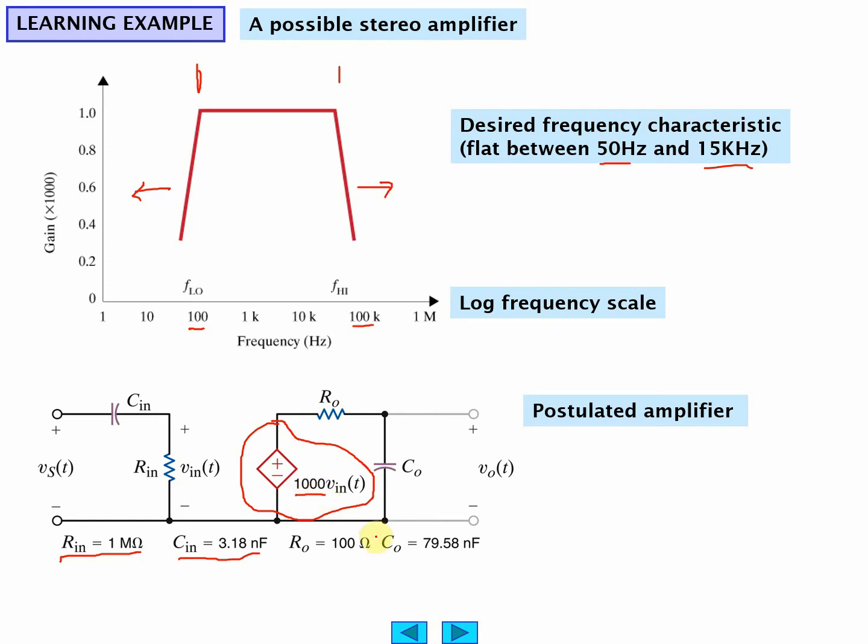This would be determined by the actual feedback resistors in the op amp. This could be the R in. R out, on the other hand, could be very low, and C out. Okay. And these could be external components, just to make sure that we get the frequency response we want on both sides.